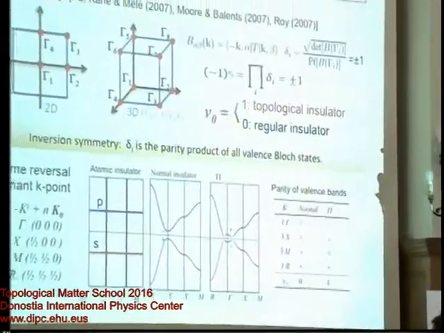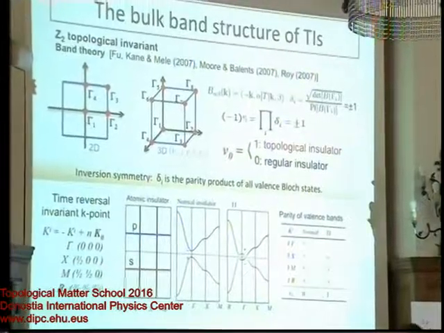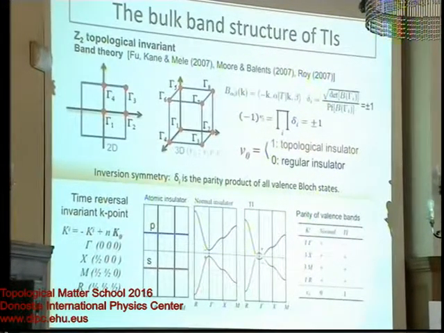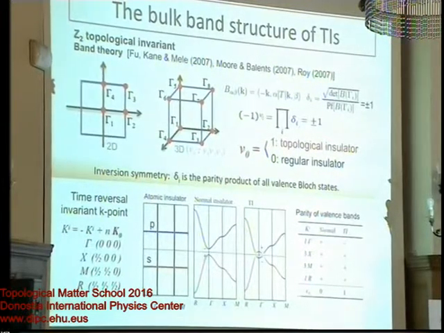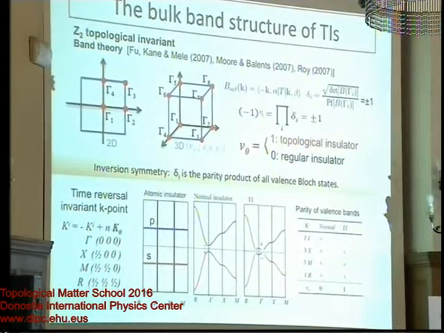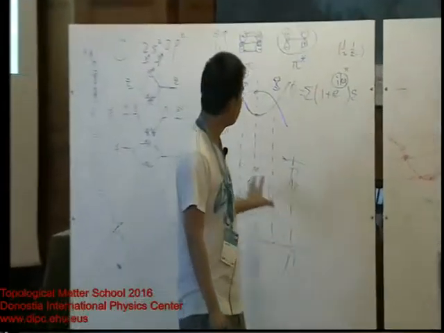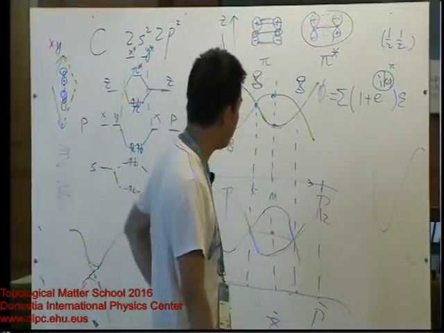There are many different ways to really define the topology. This kind of inversion we can observe by eye. You can plot S and P orbitals, but sometimes the situation is not so easy.